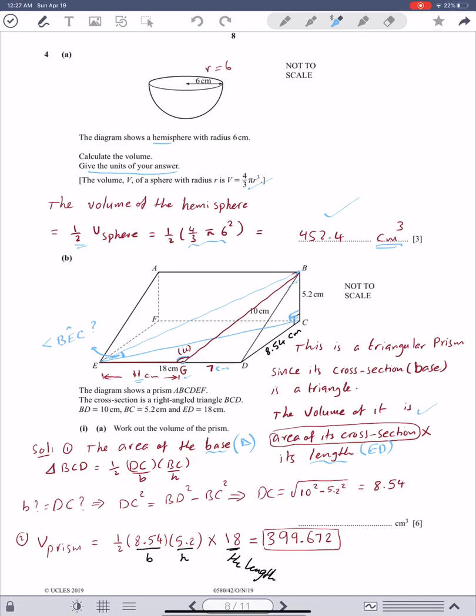We have to pay attention here to the trick in this question: the triangle BDG. I will draw this, then erase it just to show it to you. Do you see it? It is a right angle triangle.